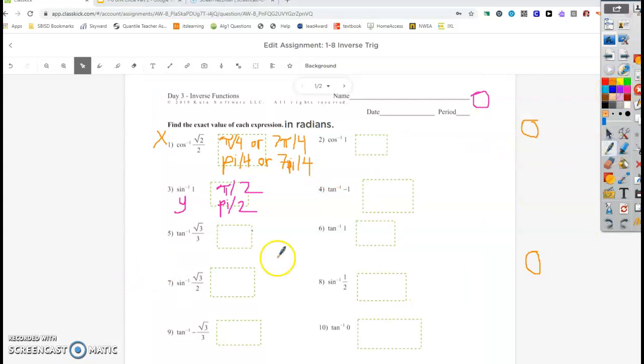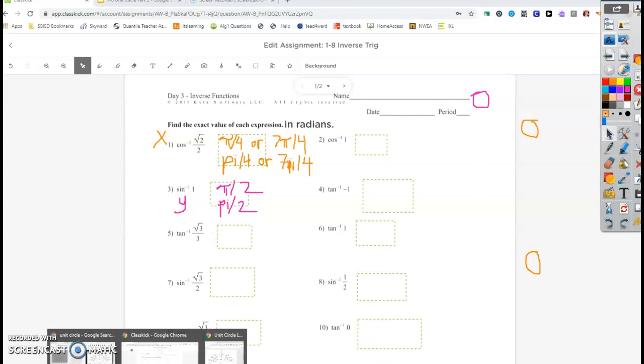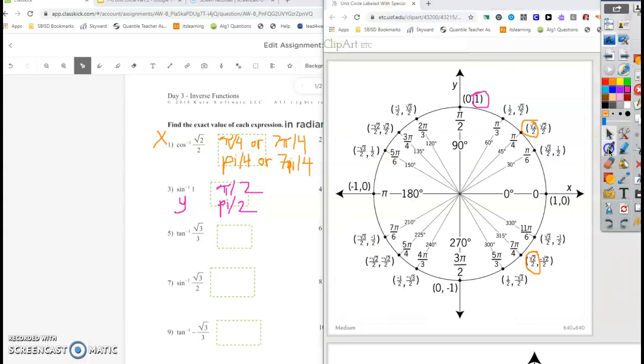I'll do one more, because I'll do one of each type: sine, cosine, and tan. Tan is probably going to be the hardest because it takes a little bit more thinking, just a little. So I'm looking for tan, and tan is the y-coordinate over the x-coordinate, and I'm looking for something that says square root 3 over 3.